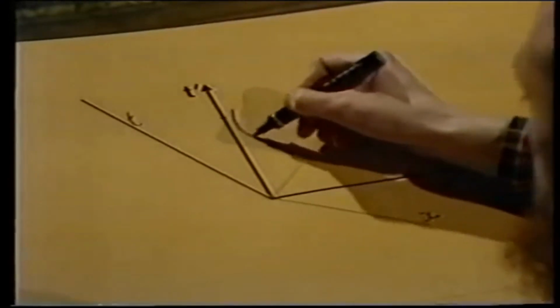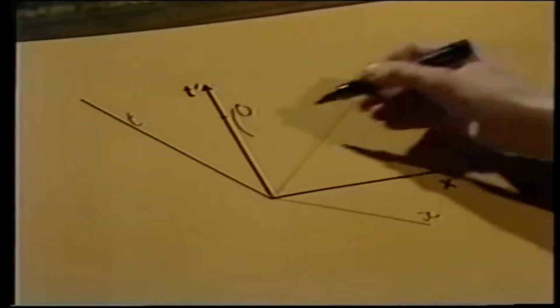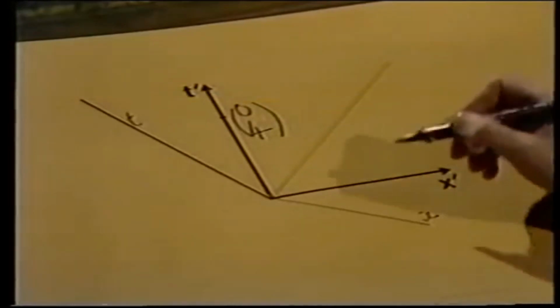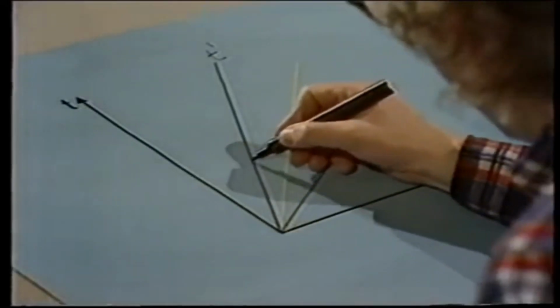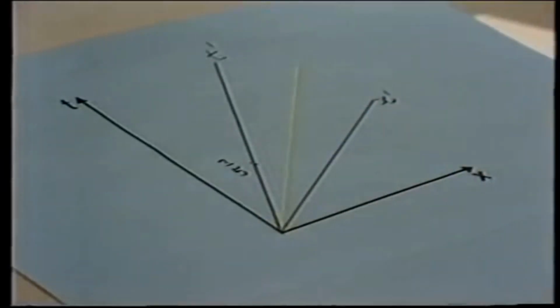I haven't moved, so the space coordinate must be 0. The light took 4 seconds to go there and back, so the time coordinate must be 4, space-time coordinate 0, 4. Well, the event Jeremy called 0, 4 is just the one I've already called 3, 5. And you can see that it's on his t prime axis.